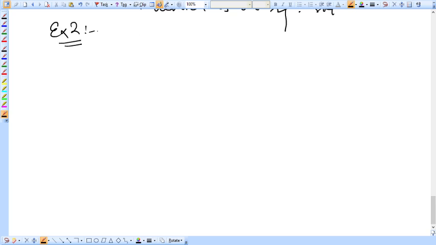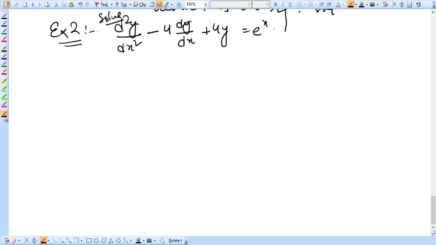So here, solve y double dash minus 4 y single dash plus 4y equal to e^x plus sine 2x.